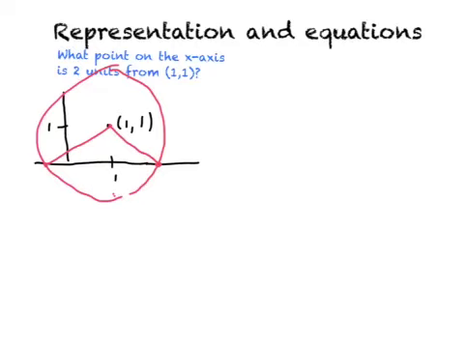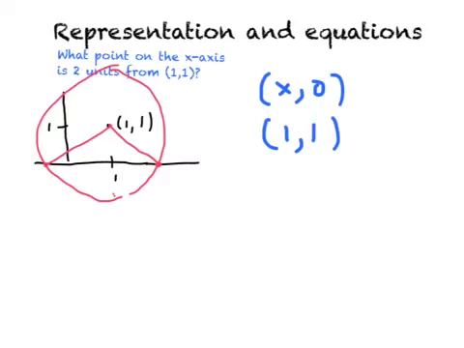The first thing to do is to figure out what an arbitrary coordinate on the x-axis looks like. Well, it looks like this: x, 0. So let's look at the distance between x, 0 and 1, 1.